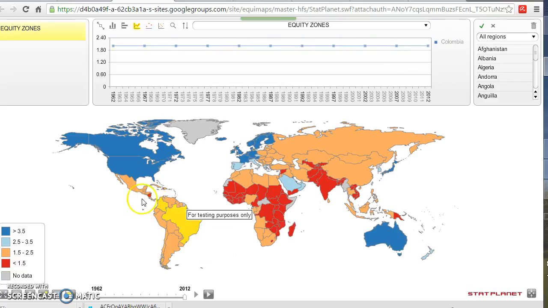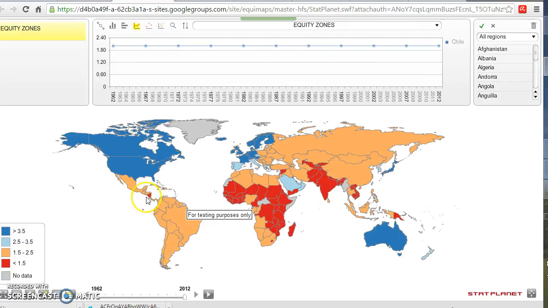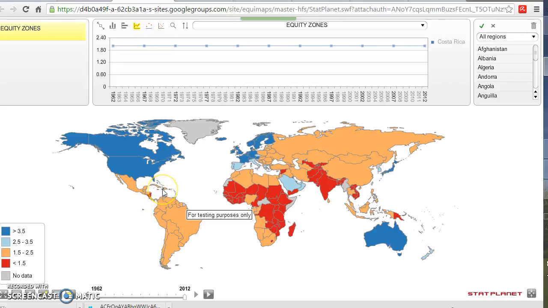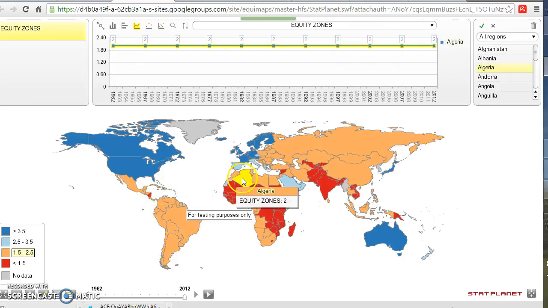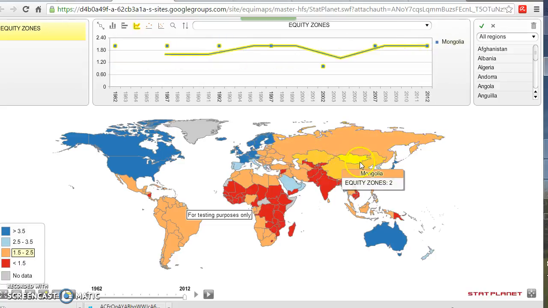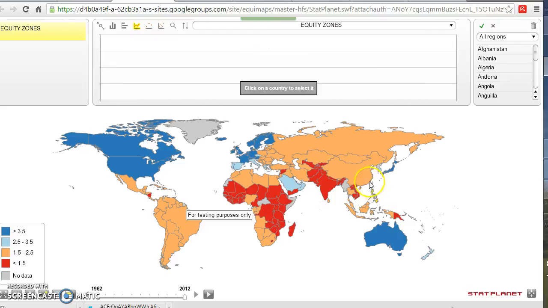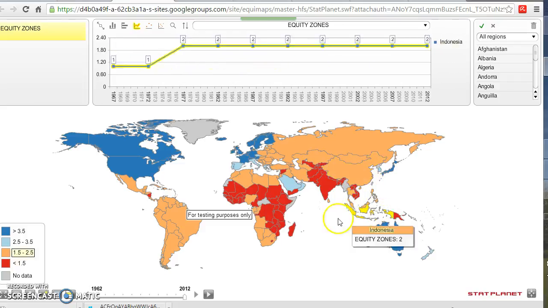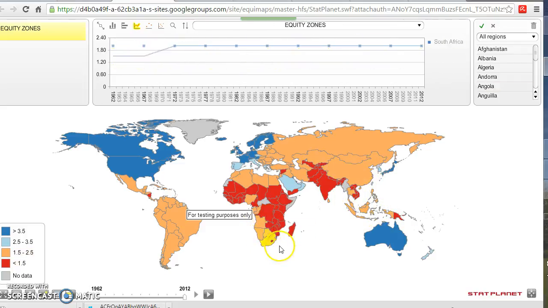While the equity zone includes most of Latin America, with the exception of Haiti, North Africa, former Soviet Union, Russia, Mongolia, Kazakhstan, China, Thailand, Indonesia, Southwest Africa.